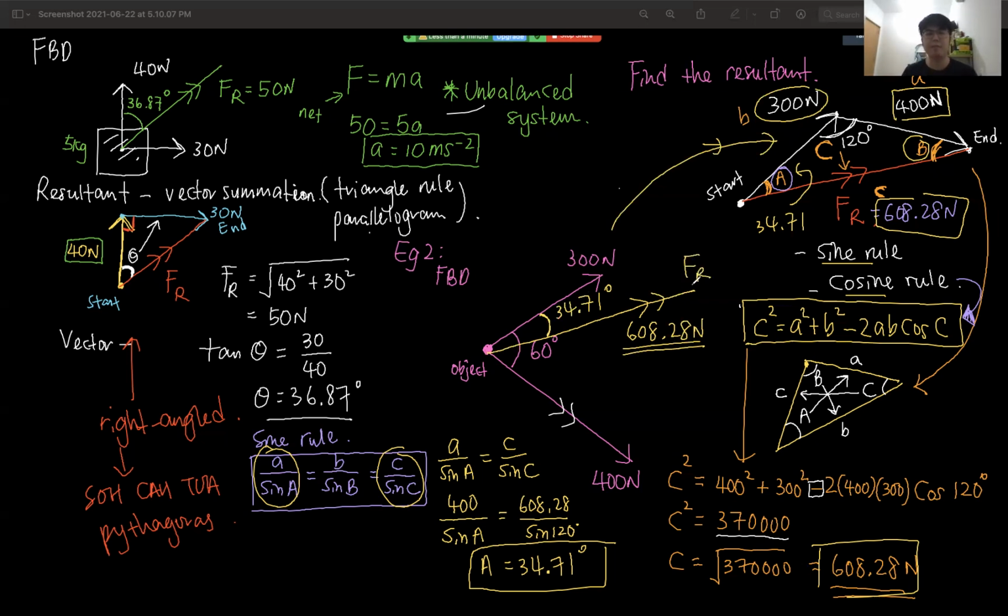Answer, FR. You can find the angle B also, but then you have to do some adjustment. Because that angle is over here, right? So it is the angle down here. I do this one, so I don't need to do extra steps.